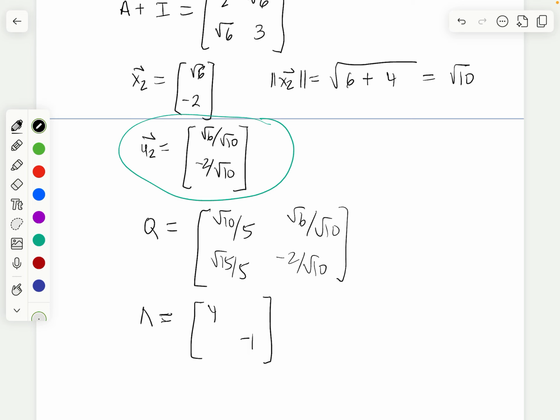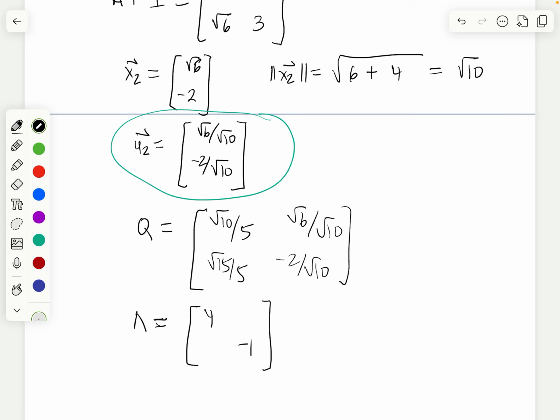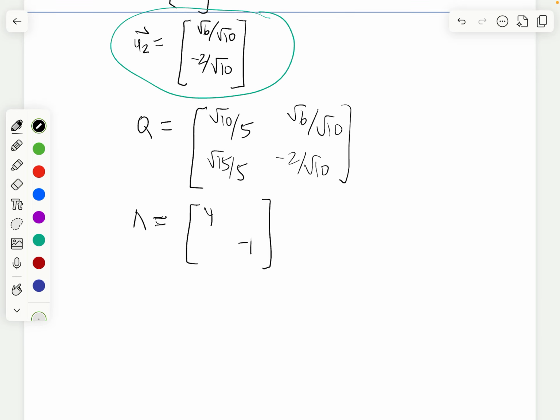And remember, I need to make sure that my Q and lambda are compatible. So I need to make sure that this first column is an eigenvector with the first eigenvalue, and that this column is actually an eigenvector with this eigenvalue. Right?